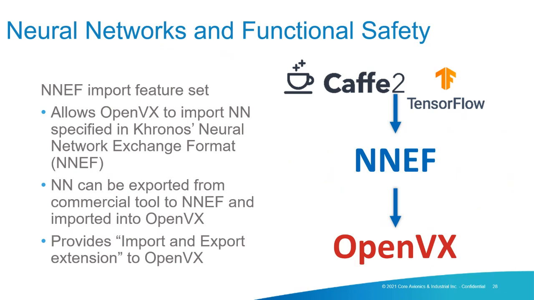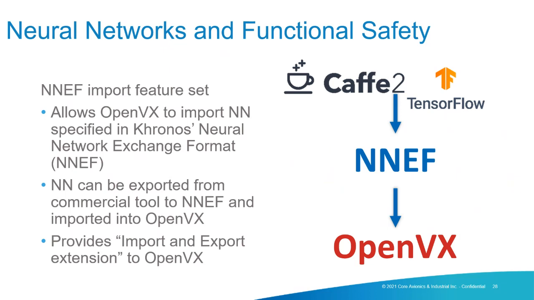So the idea behind Khronos's neural network exchange format is this is a common, well-versioned, well-understood format that isn't expected to change without announcement, that implementers can depend on in their tooling to support neural networks that have been developed in TensorFlow and Caffe.